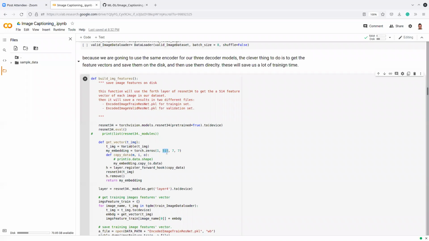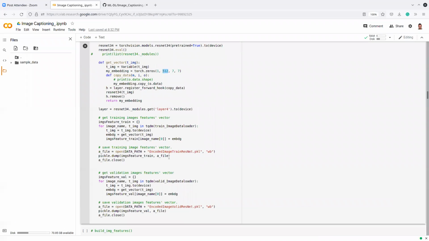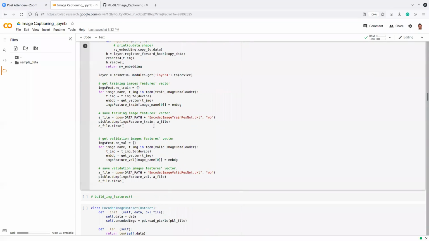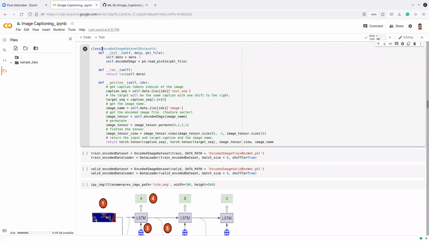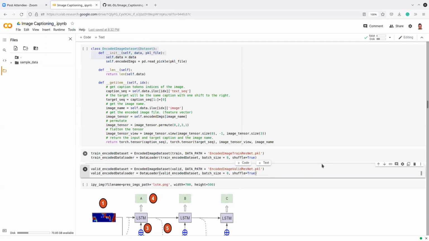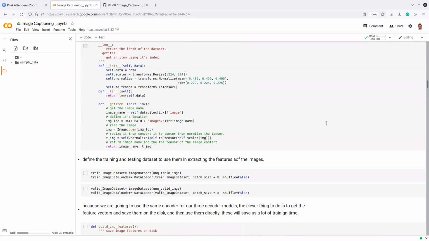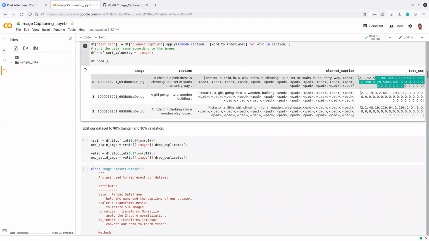So this is why I preferred ResNet 34. Later I will explain more about this idea. And here I built the encoded image dataset. So now my dataset is ready. The feature vectors of the images are stored on my disk, and I can get them immediately with the tokens of the captions, like this.